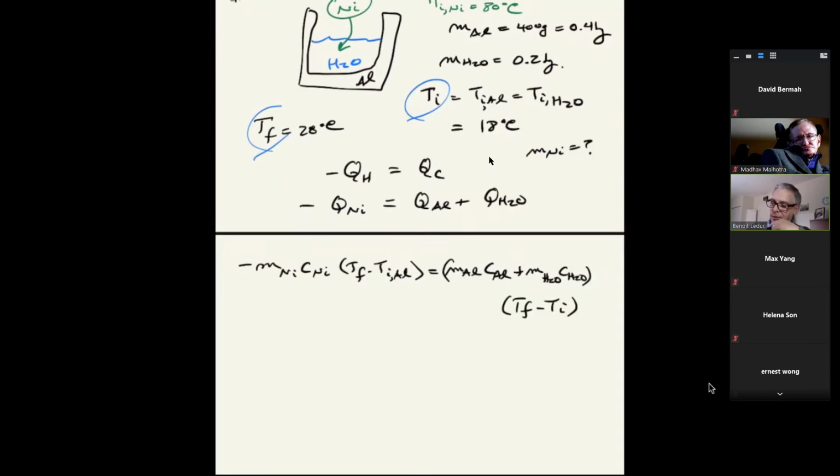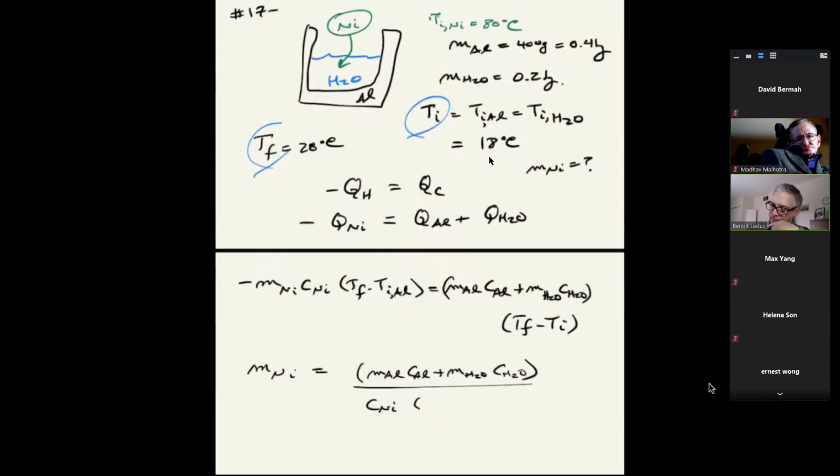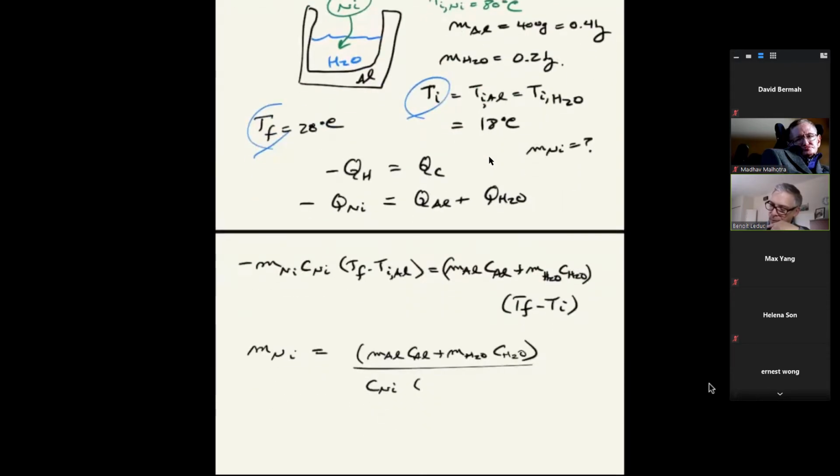It's just a matter of isolating for the mass of the nickel, so you put everything on the other side, over TF minus TI, which is 28 degrees Celsius minus 80 degrees Celsius.